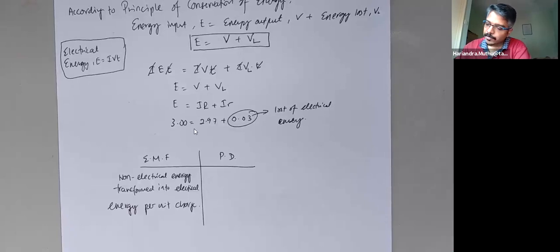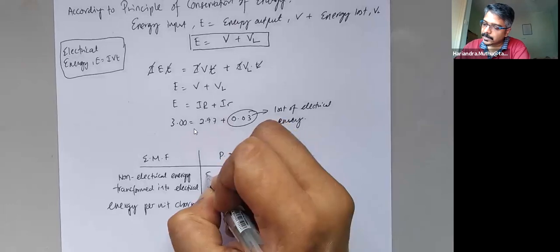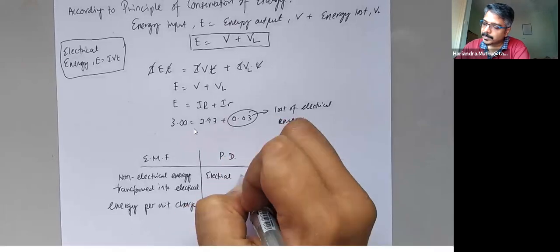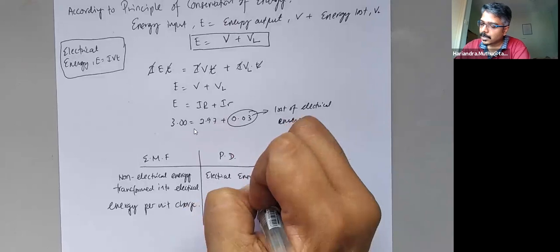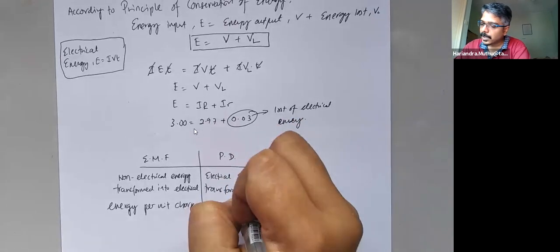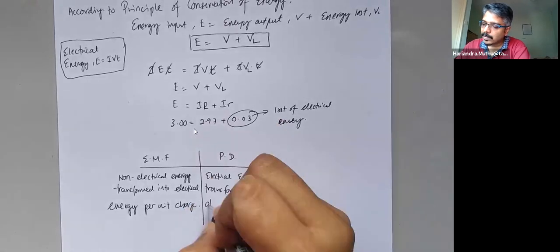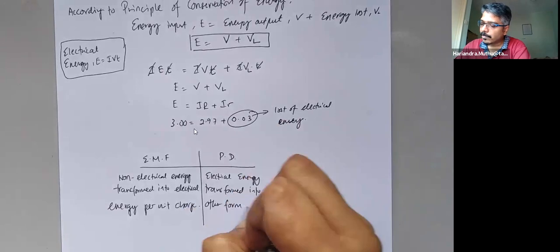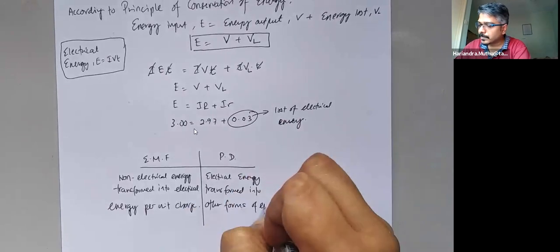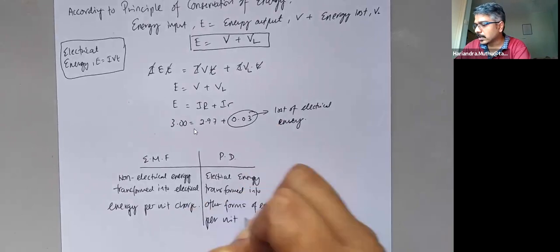Whereas potential difference is defined as electrical energy transformed into other forms of energy per unit charge.